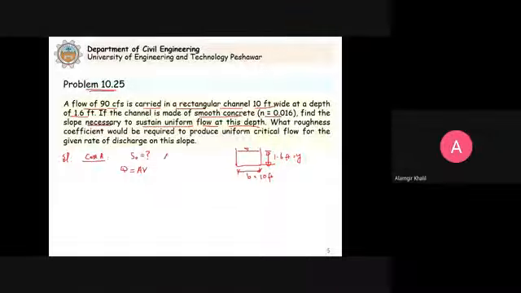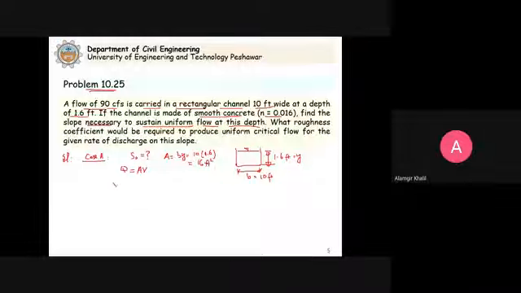For example, the flow area A that we can calculate will be, for a rectangular channel, simply B times Y, and the values are given. So we have 10 into 1.6, which will be equal to 16 square feet, the flow area. Take care of the units. Now we can calculate the velocity.